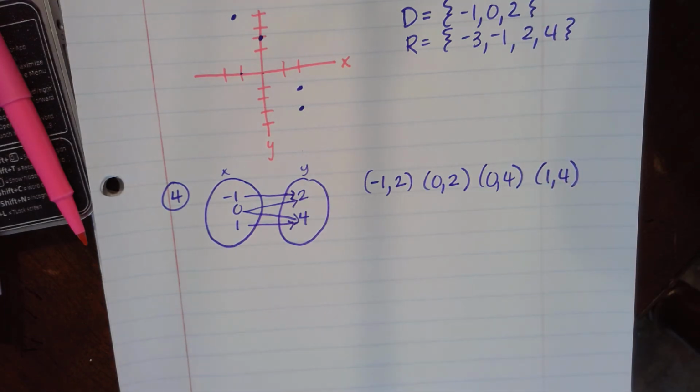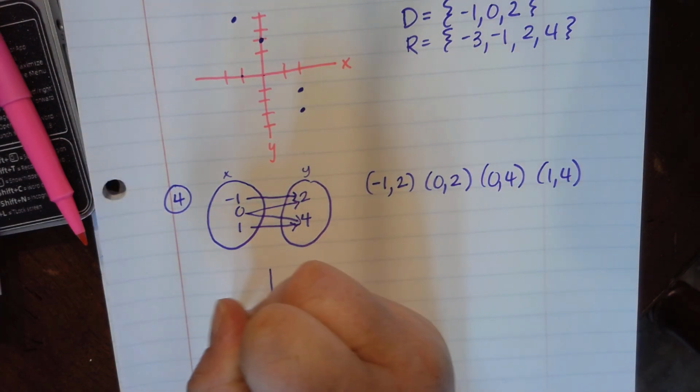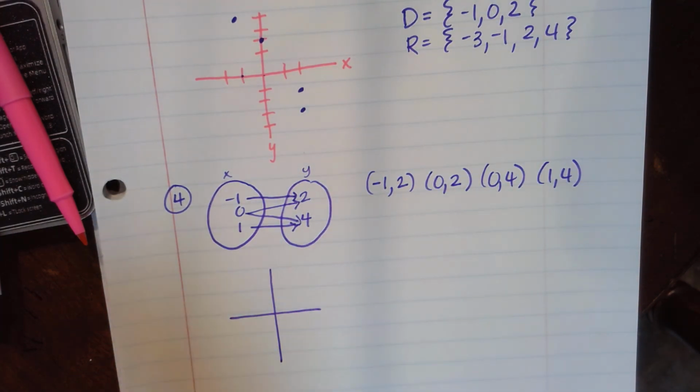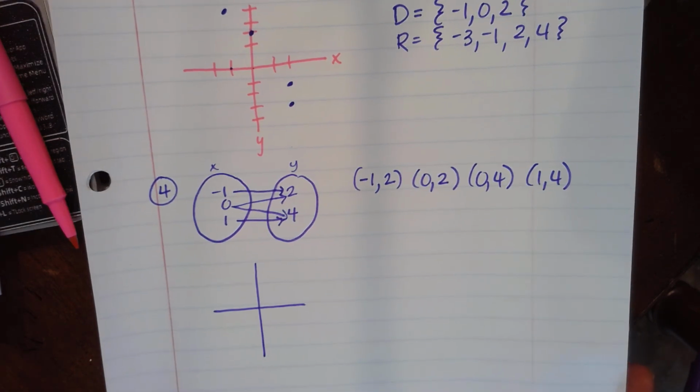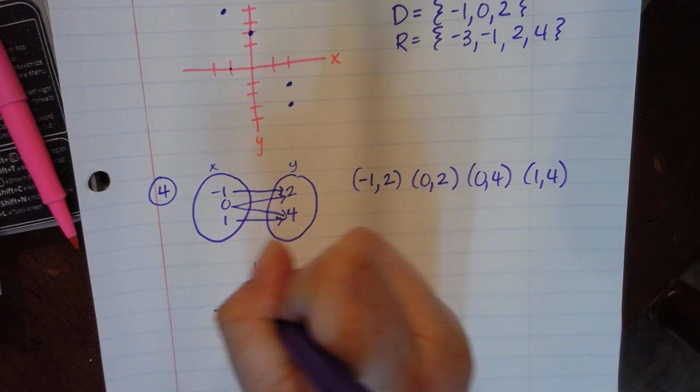Now again, my job is to graph them and then to list the domain and range. So for number 4, I'm looking at my coordinates. So this is what I'm going to end up graphing. It looks like my y's need to go out to 4, so I'm going to go 1, 2, 3, 4.